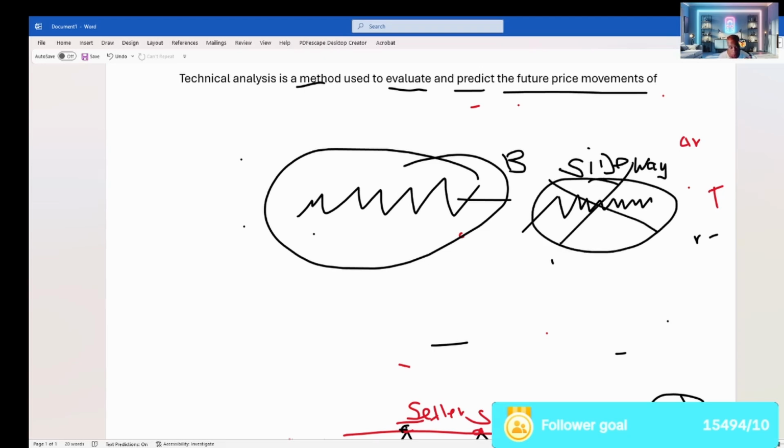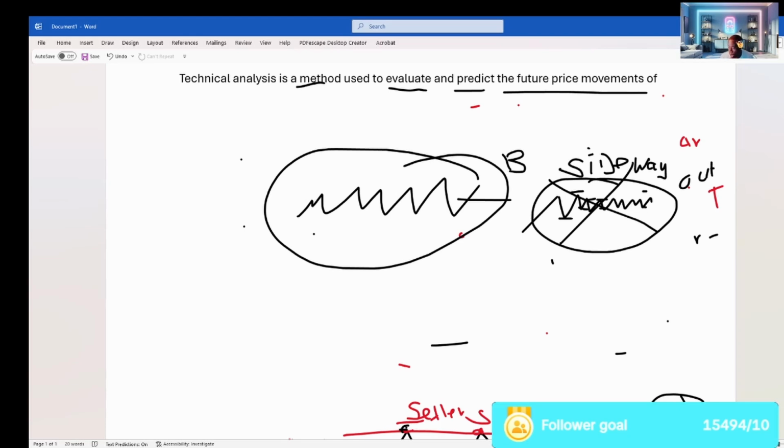But people who really know, or are very fast, can buy there and sell here, buy there and sell here. But most traders stay out when the stock is going sideways.